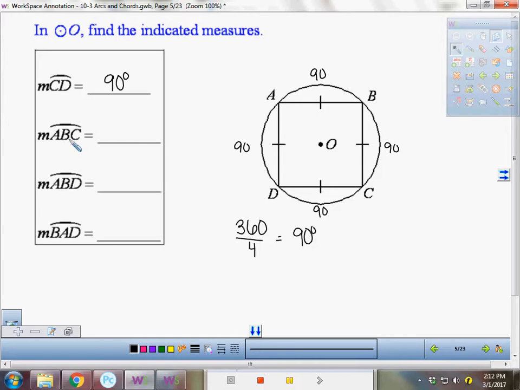Alright, arc ABC, well if I start here at A, and I go from A to B to C, that would give me this part and this part. We'll add those two together, and that gives me 180.